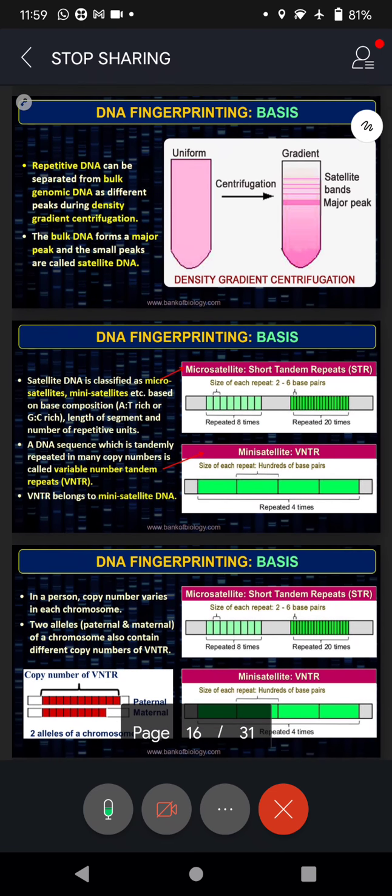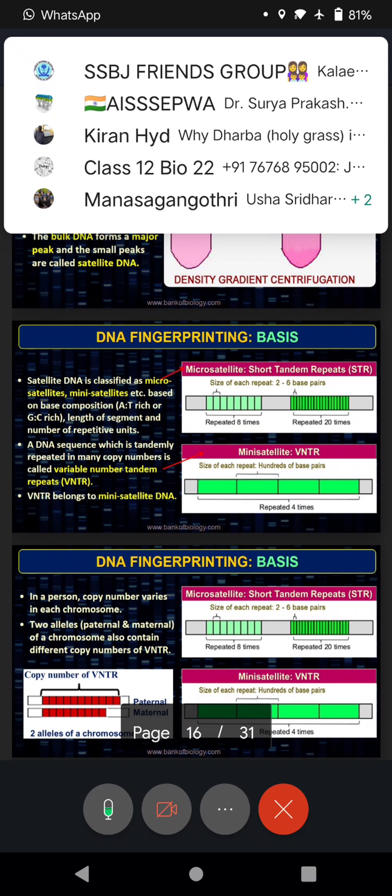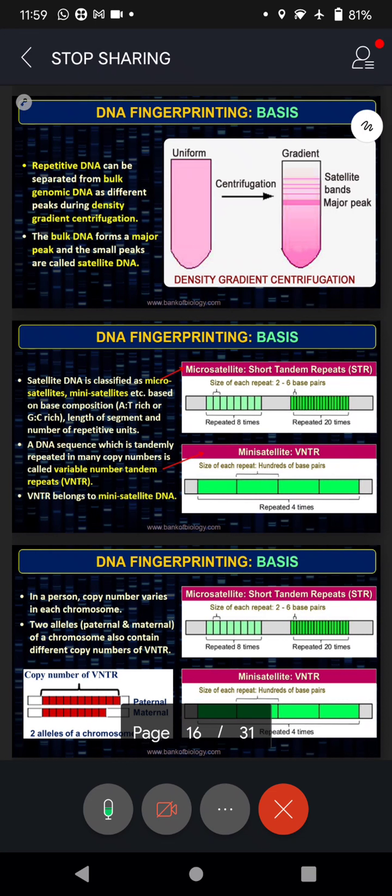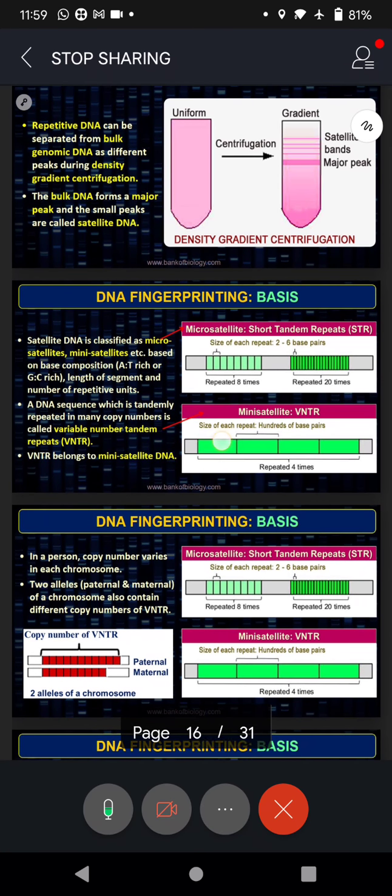That we focus on. Satellite DNA is classified as microsatellites and mini satellites based on the base composition, that is AT or CG.